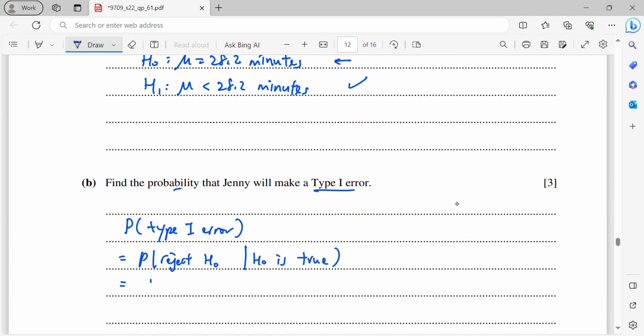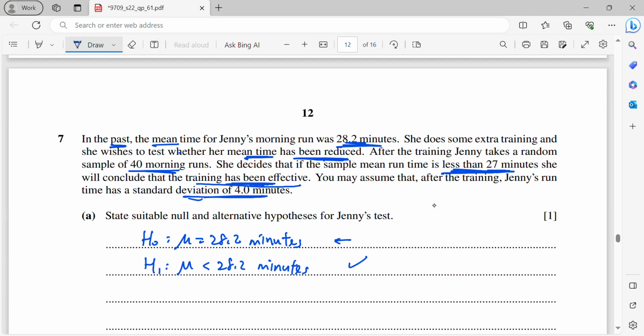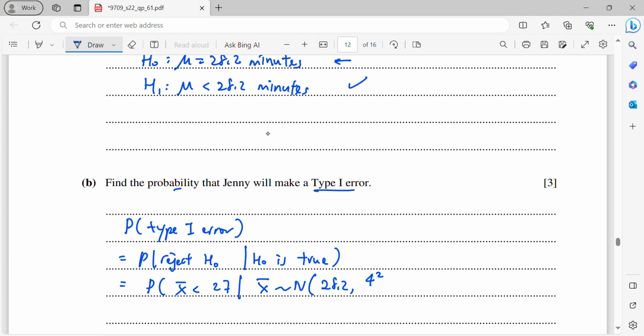So now I will write P(x bar less than 27), given that H naught is true, your x bar is normally distributed with mean 28.2 and variance 4 squared over 40 morning runs. Because your x is normally distributed with mean mu and variance sigma squared, the x bar will be normally distributed with mean mu and variance sigma squared over n.